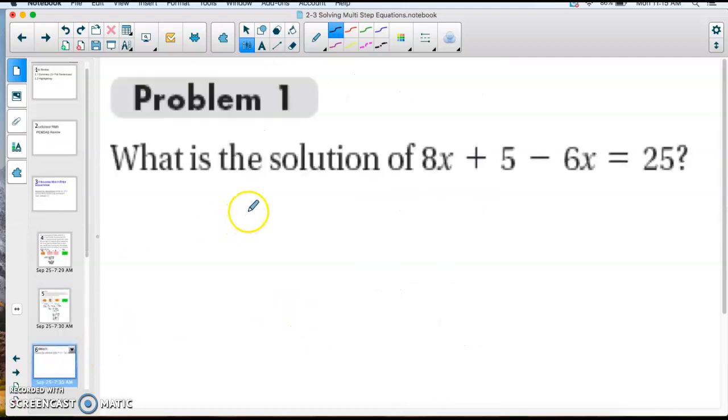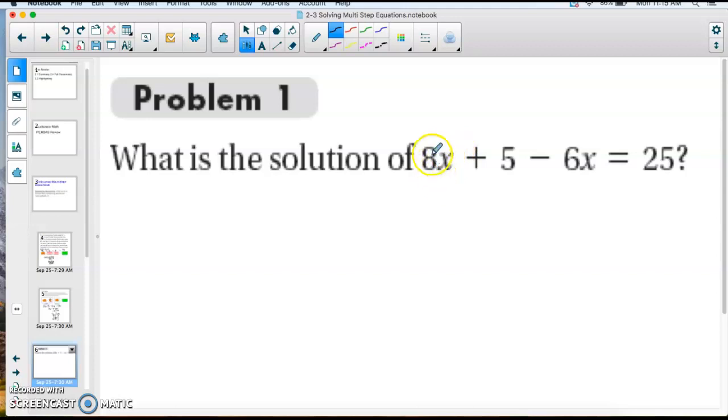All right, now this one. Very similar to the problems we have been doing. What's the solution of 8x plus 5 minus 6x equals 25? Well, we have x's here and we have x's here. Those are called like terms, so we can put our like terms together.